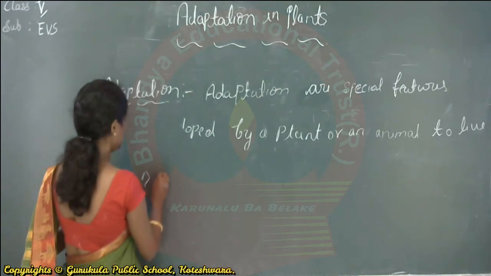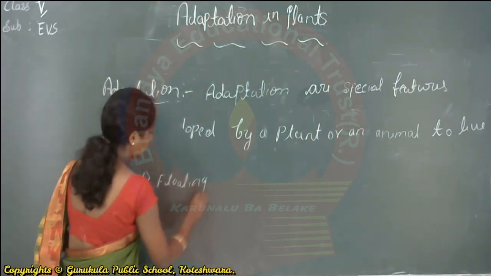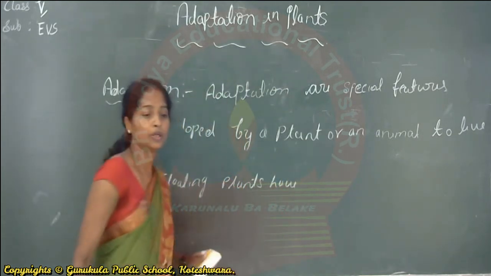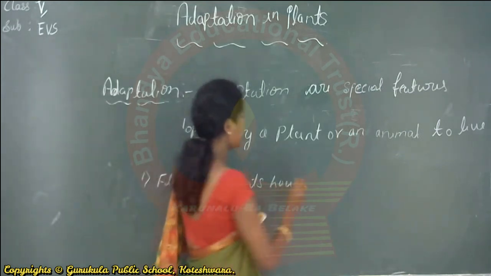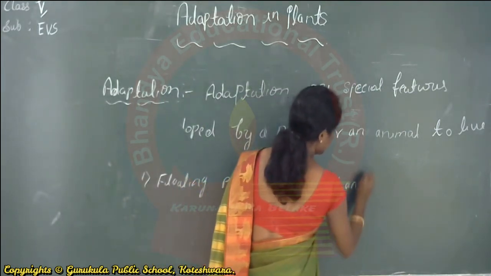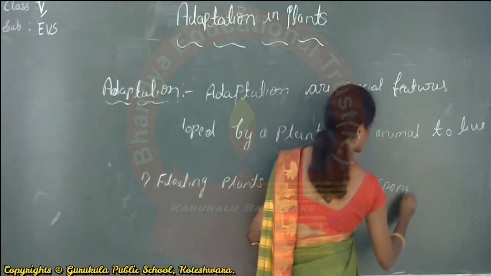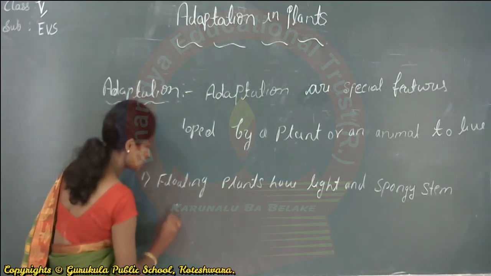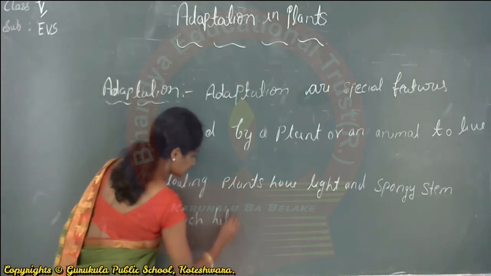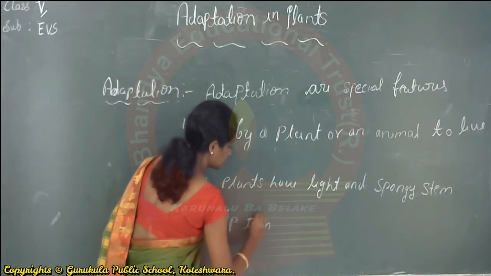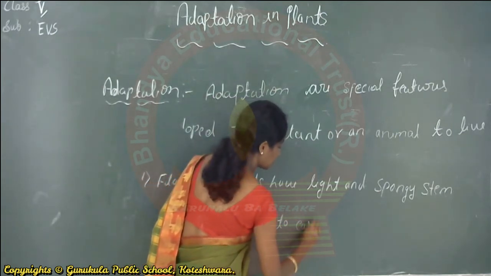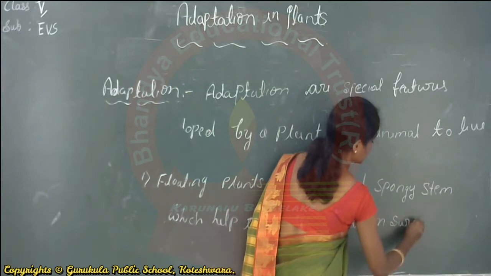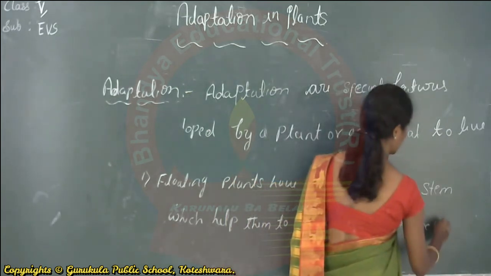So, floating plants have light and spongy stems, which help them to easily float on the surface of the water.